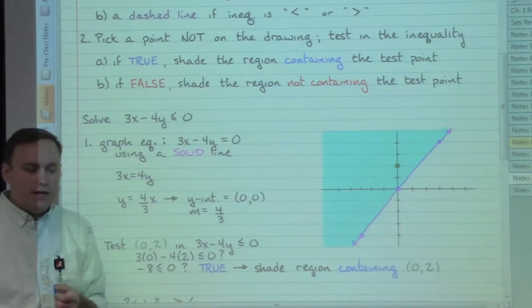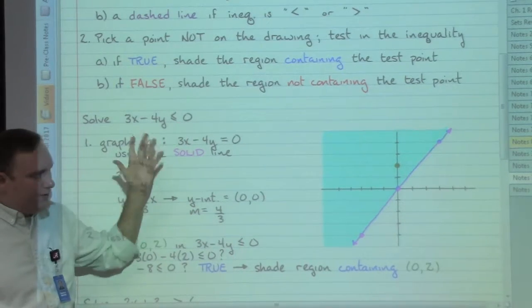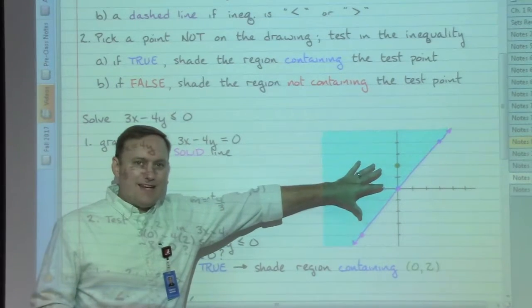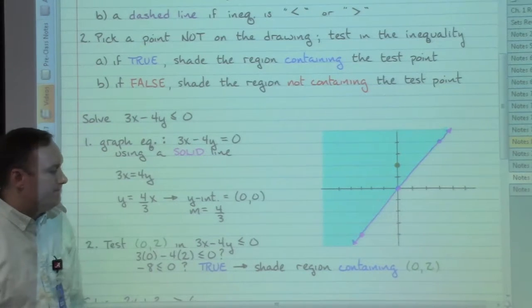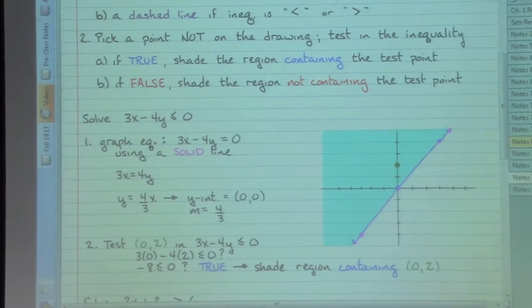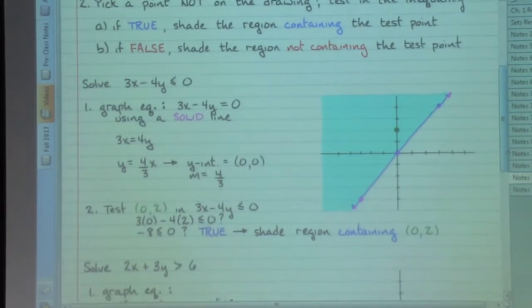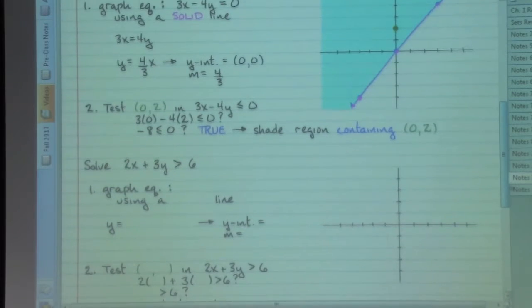So the nicest way of representing that, other than the inequality itself, is in visual form. So let's do one of these together, and work through things slowly so that you can get a better feel for what's going on here.